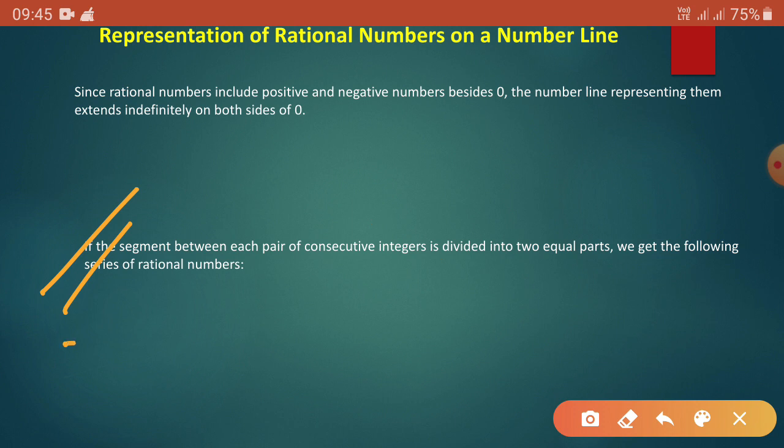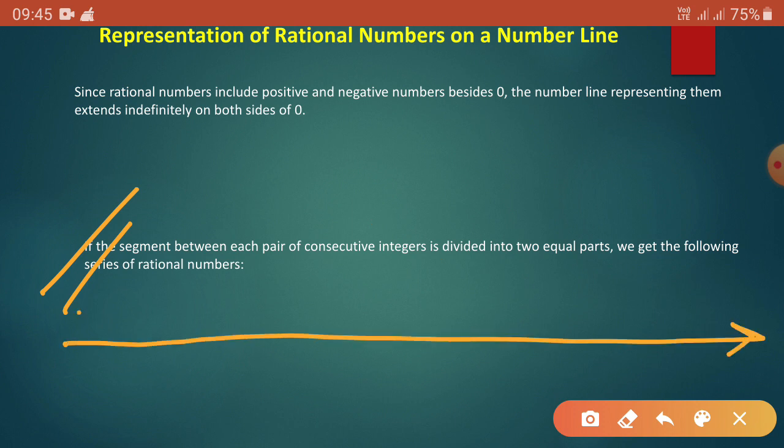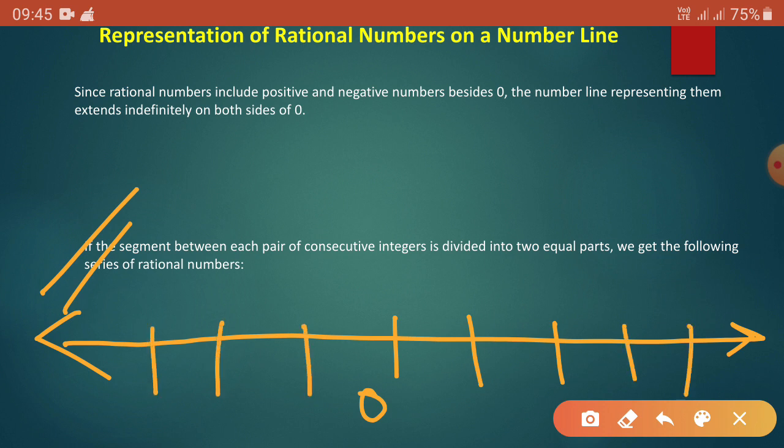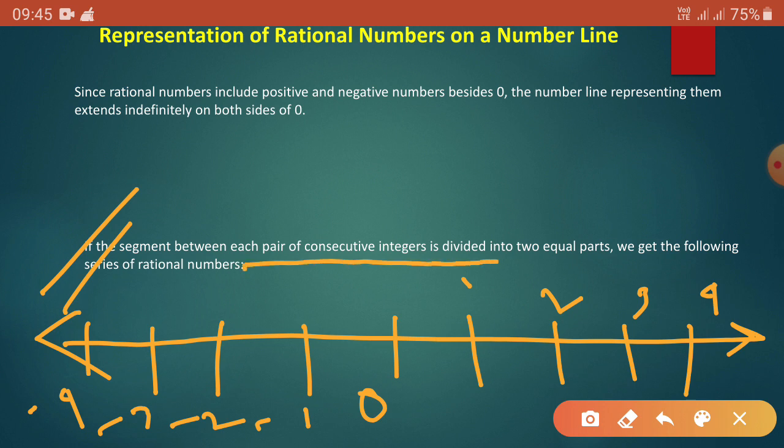Same, we are drawing the number line. In the middle the mark is 0, then 1, 2, 3, 4, and here on the left -1, -2, -3, -4. Each pair of consecutive integers is divided into equal parts.